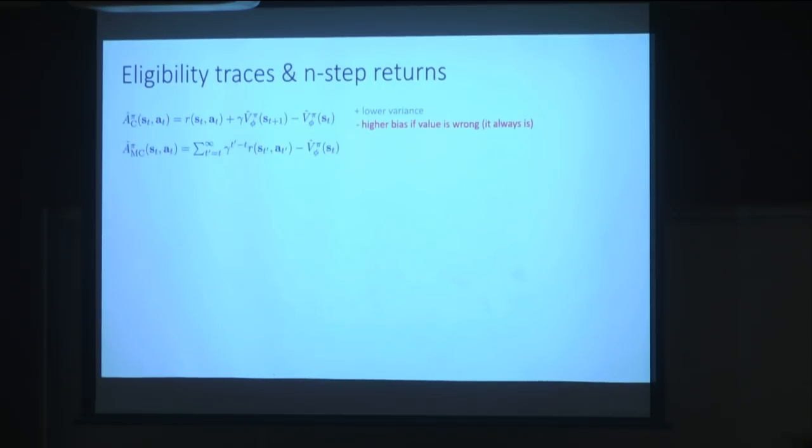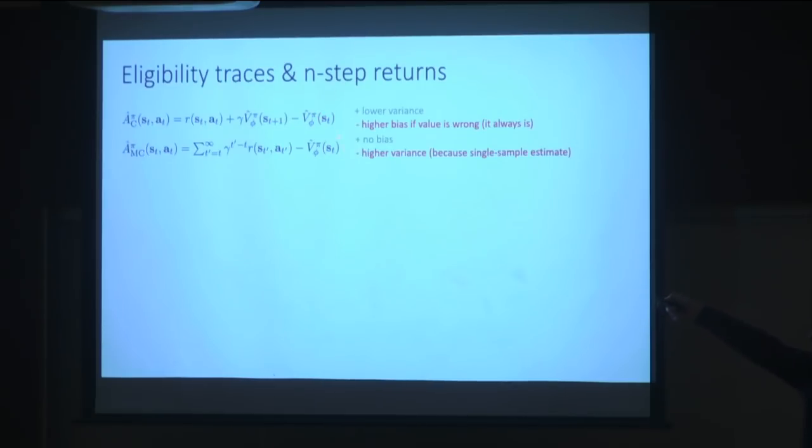Then we talked before about this Monte Carlo estimator where you sum together the rewards, and now we learned that if you subtract off the value function, that also gives you an unbiased estimator with slightly lower variance, not as low as this one, but it's unbiased. So this has no bias, higher variance than the critic one, but lower variance than the pure Monte Carlo one from Wednesday.